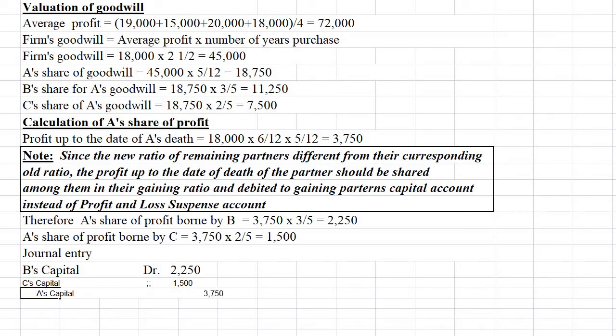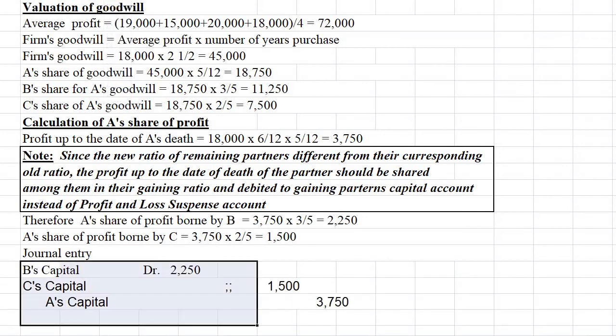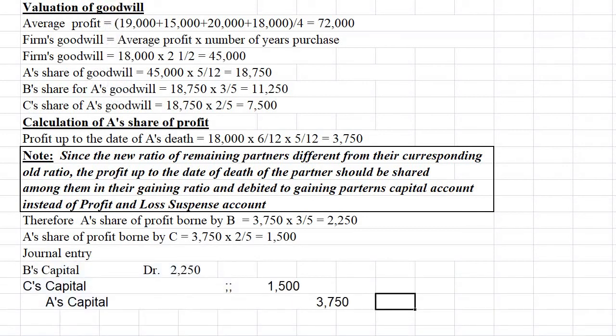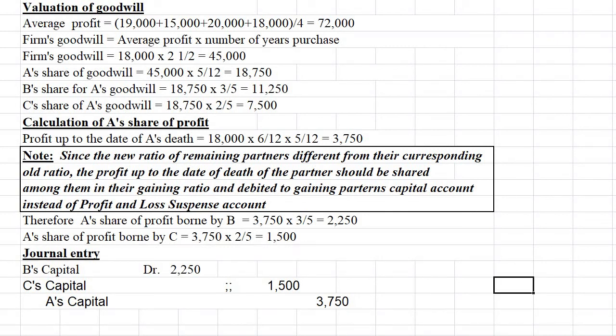So this is the journal entry for treating the deceased partner's share of profit. Okay. So in that way you can treat in the coming problems also. If the difference, that means if the share of profit sharing ratio among the remaining partners is different from their old ratio.